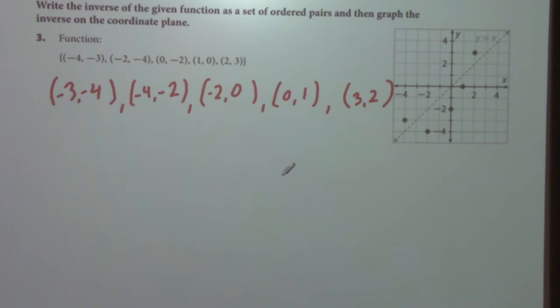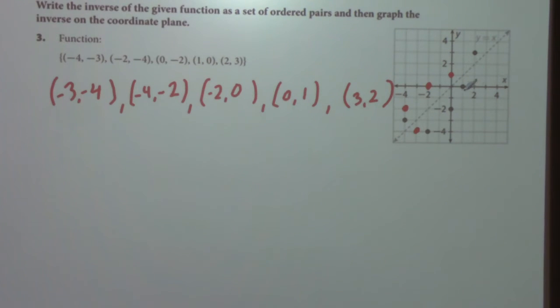And then it says graph the inverse on the coordinate plane. So this first one, -3, -4 will go right here. And then -4, -2 will go here. -2, comma 0 will go right here. 0, comma 1 will go here.